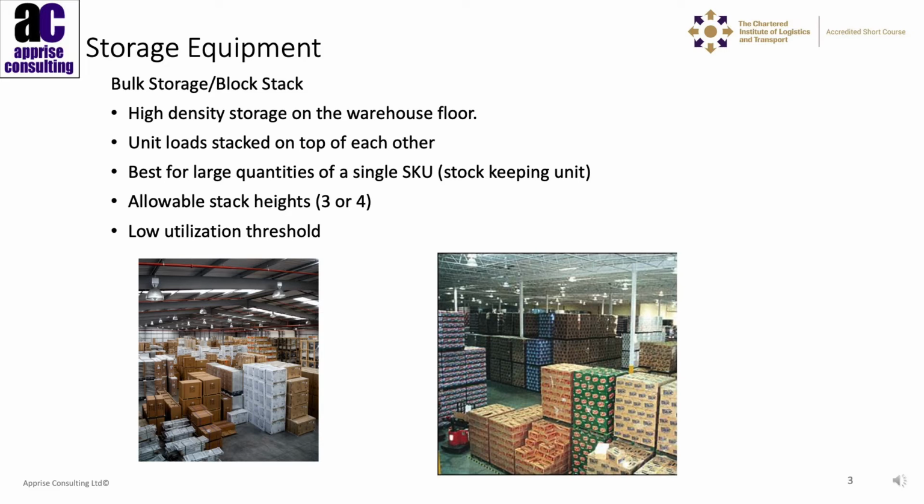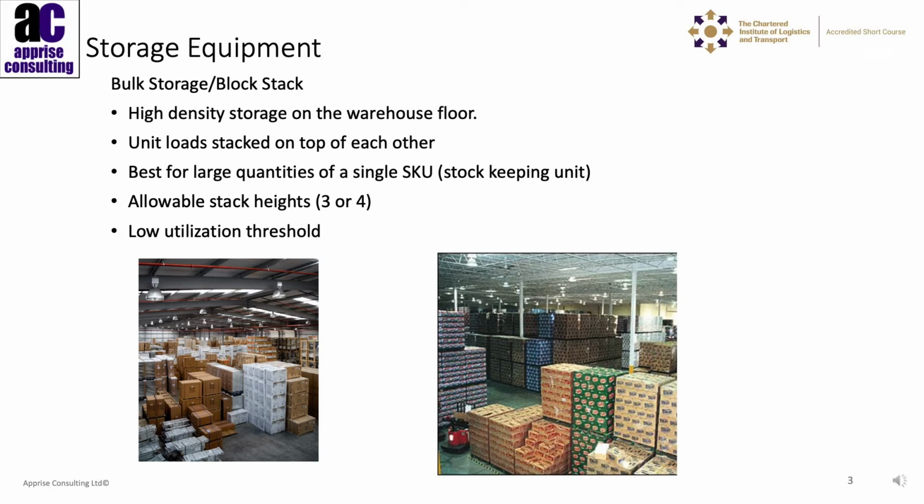There are advantages. We don't have to invest a large amount of money in infrastructure such as racking. However, there are also disadvantages. As we can see from the photographs, we're not using the full cubic capacity of the building, and there's always the possibility of damaging product at the bottom of the column of product, for example.